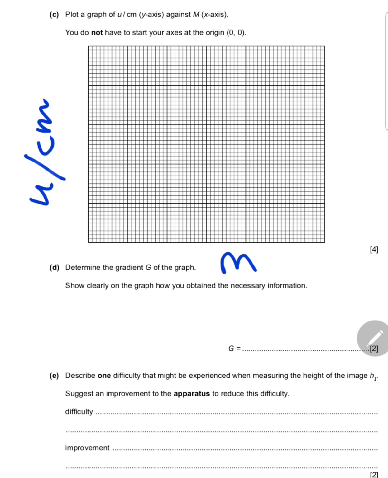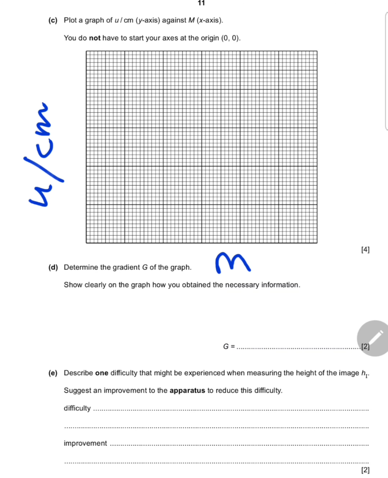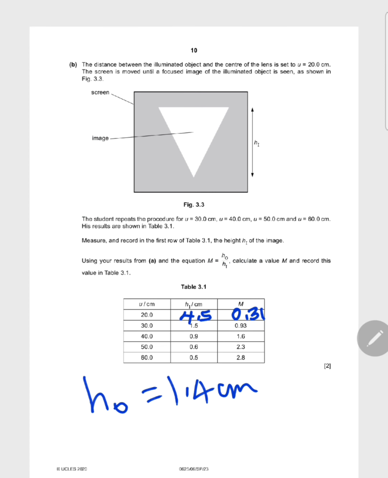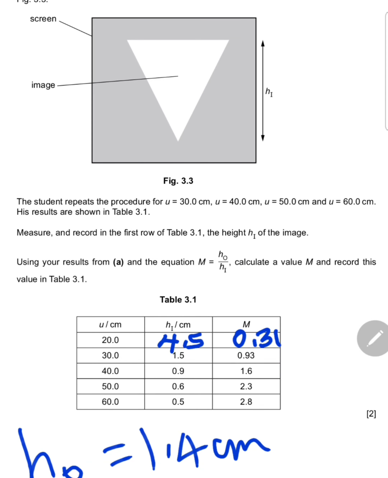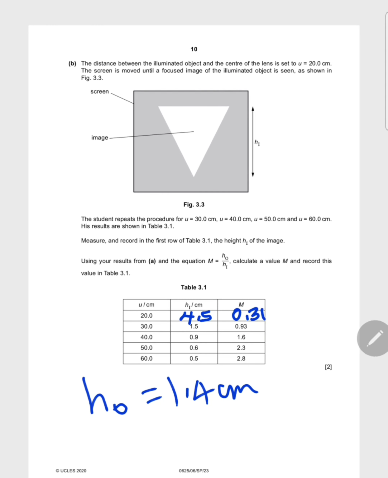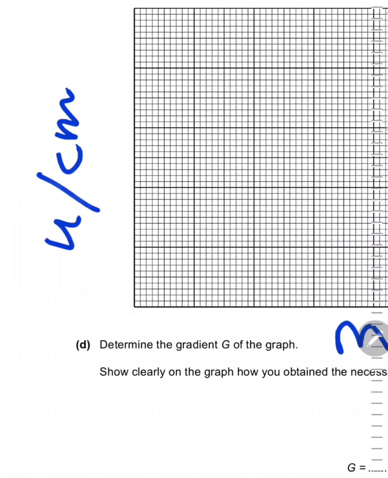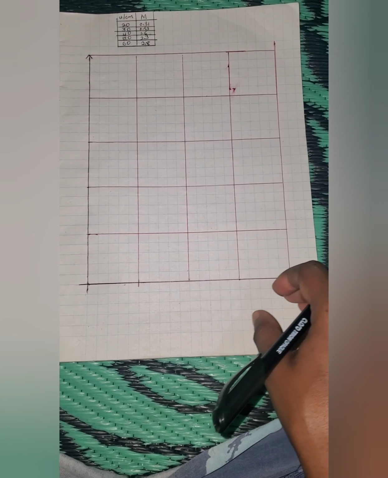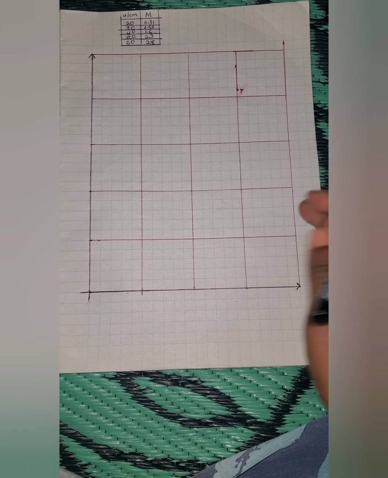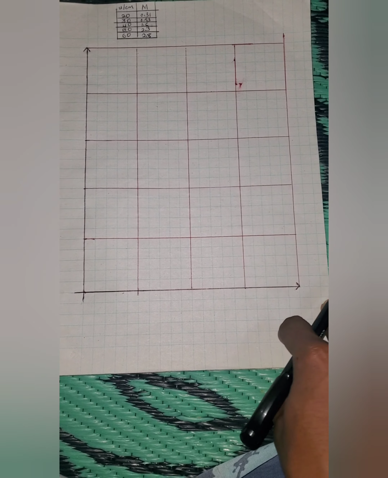You do not have to start your axis at the origin. So if we come back to our table, our values for u range from 20 to 60. So you can actually just start from 20, since we don't necessarily have to start from 0.